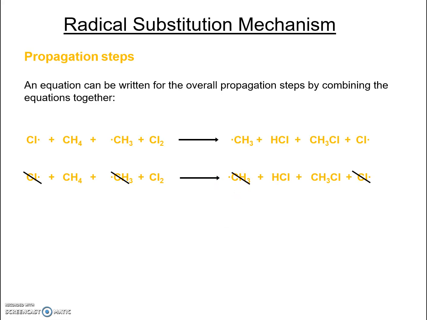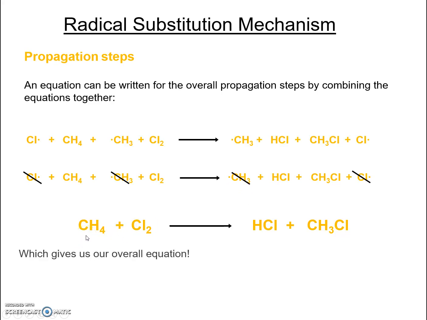So this leaves us with a much more simplified equation, which I'm hoping you can start to recognise is our overall equation. So in actual fact, our 2 propagation steps give us our overall equation, and maybe that's a technique you could use in an exam situation.